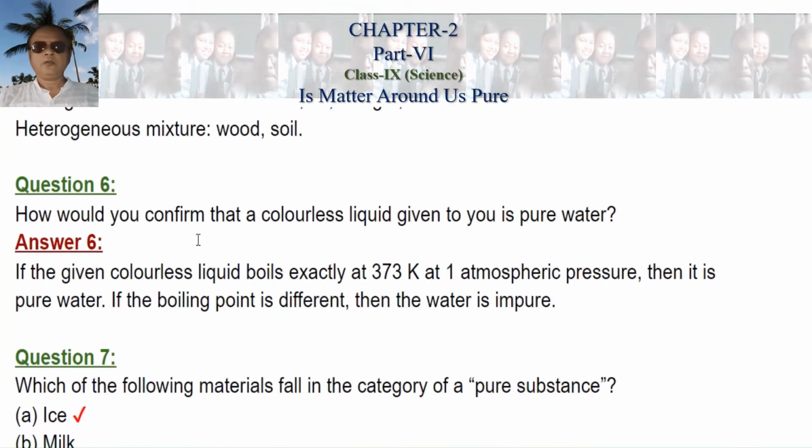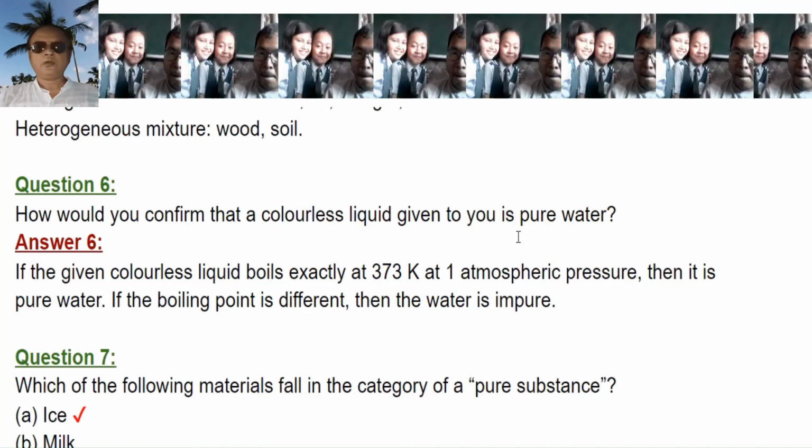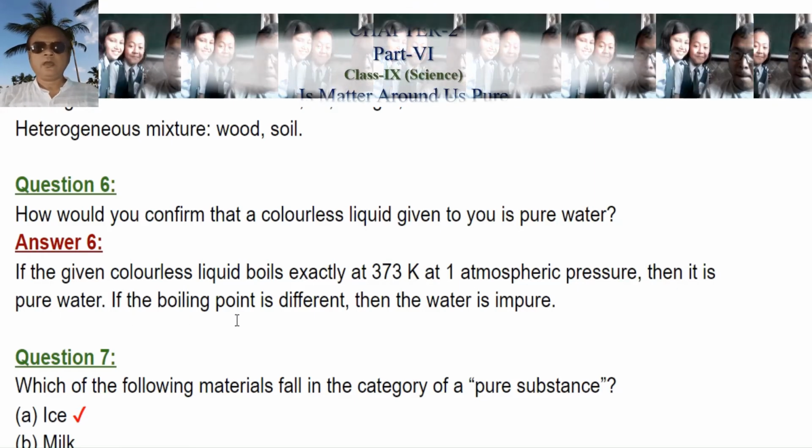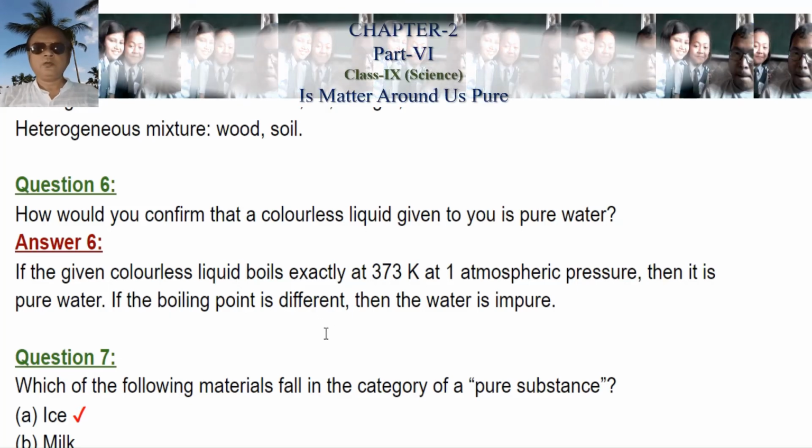How would you confirm that a colorless liquid given to you is pure water? If the given colorless liquid boils exactly at 373 Kelvin, that is 100 degrees centigrade, at 1 atmosphere, then it is pure water. If the boiling point is different, then the water is impure or contaminated.